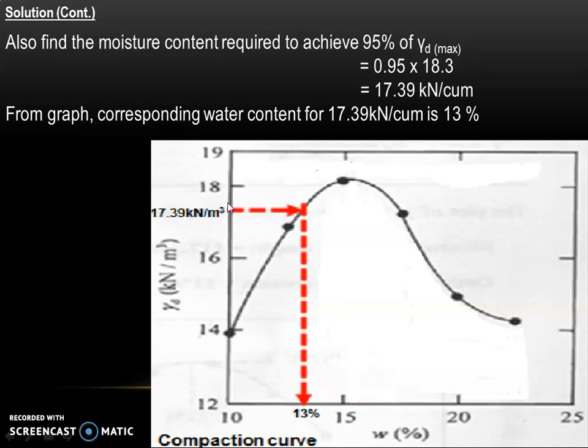So locate 17.39 on the y-axis, project it on the curve and check the corresponding moisture content on the x-axis. So for 17.39, the water content is 13%. So we write that the corresponding water content for 17.39 kilonewton per cubic meter is 13%, which is what was asked to find.